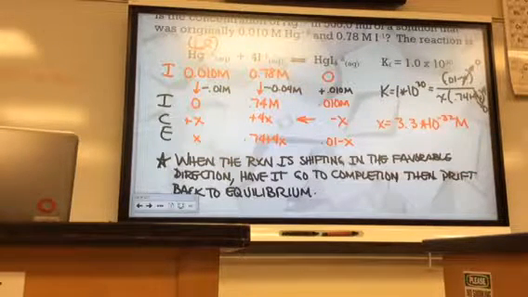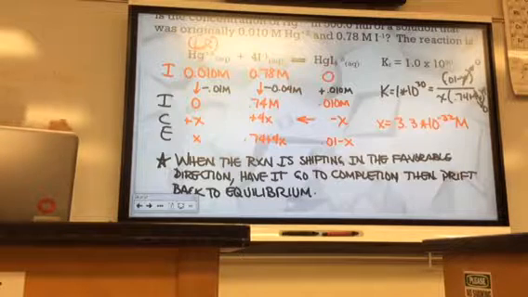So if we start with 0.01 and 0.78 and 0 of that, if we're just going to do our ice table and just be bulldogs about this thing, we're going to say, okay, ice. This goes down by x, this goes down by 4x, and that goes up by x, right? And so at equilibrium, this is 0.01 minus x, this is 0.78 minus 4x, and this is x.